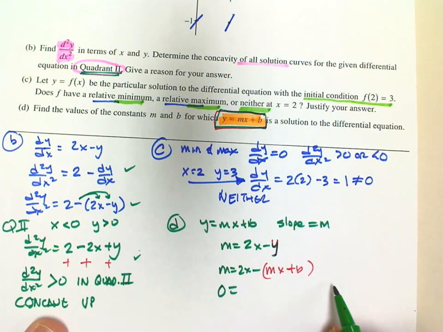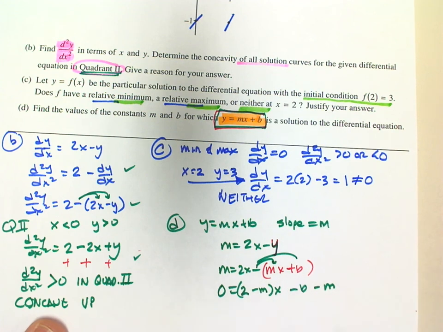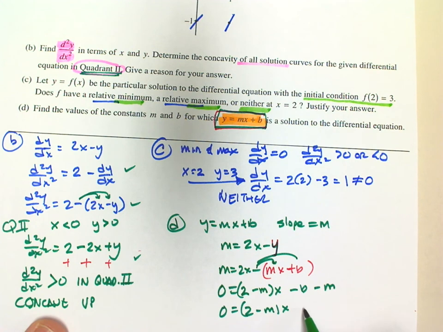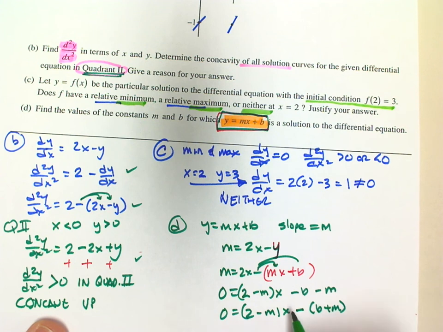I'm going to subtract the m from both sides. And I'm going to group these two guys together and factor out the x. This will be a 2 minus m times x, distribute this, I distributed that to get the m negative there, and this would be a negative b. Or in other words, 2 minus m times x minus b plus m.